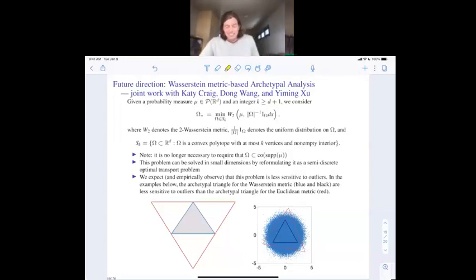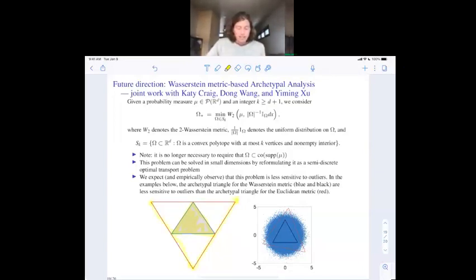Here I have a couple of images to illustrate this. If I have data mostly concentrated on this triangle, and then a couple more outliers, the Euclidean distance is going to pay attention to those outliers and give you this red triangle.